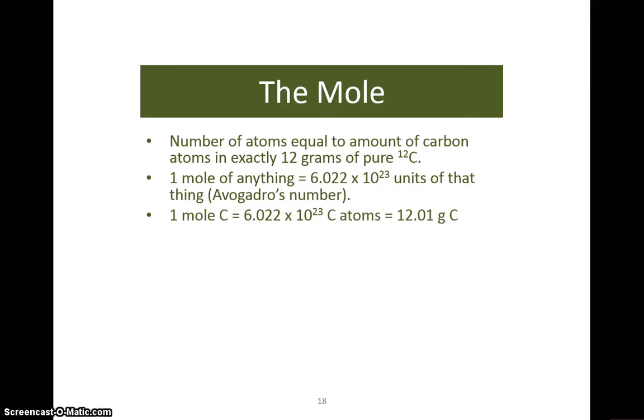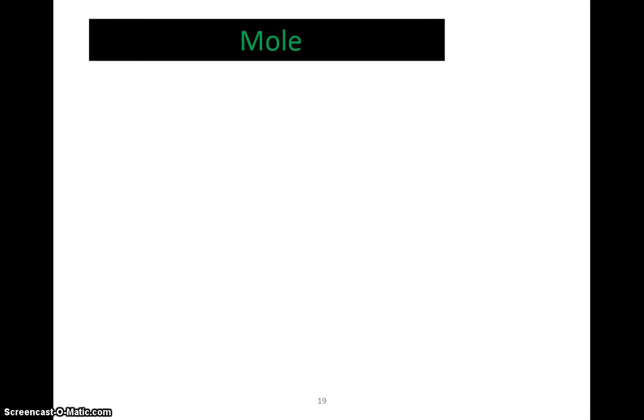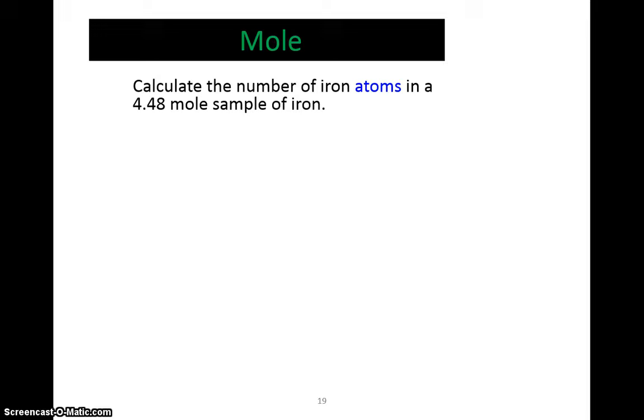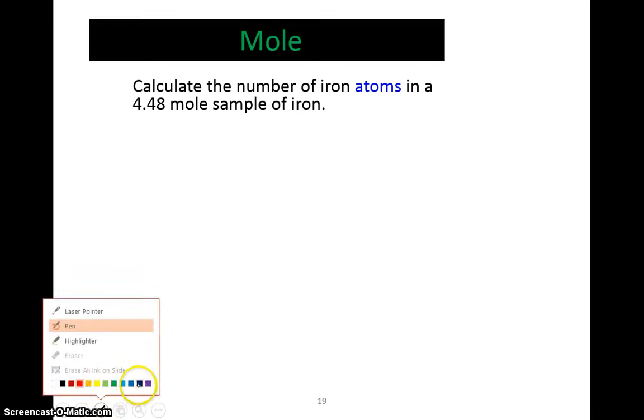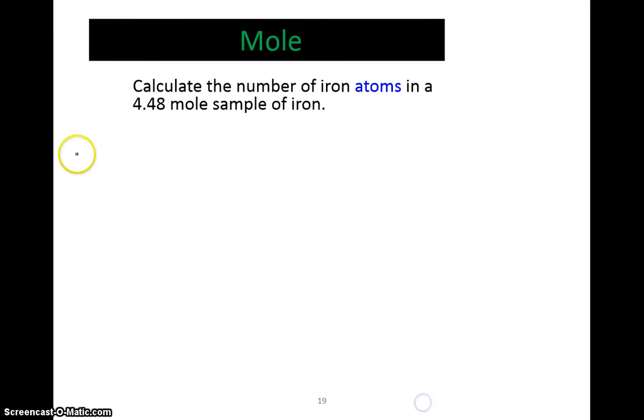Okay, so we can calculate out. Just a quick example: if we wanted to calculate the number of atoms in 4.48 moles of iron, we could use dimensional analysis. So we start with 4.48 moles of iron.